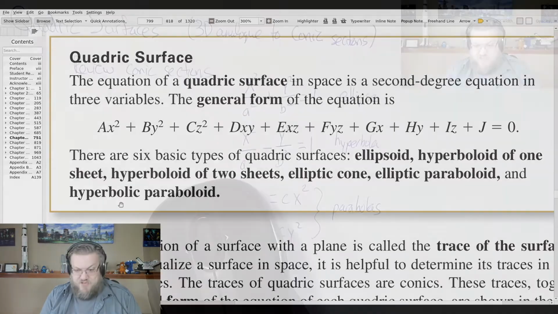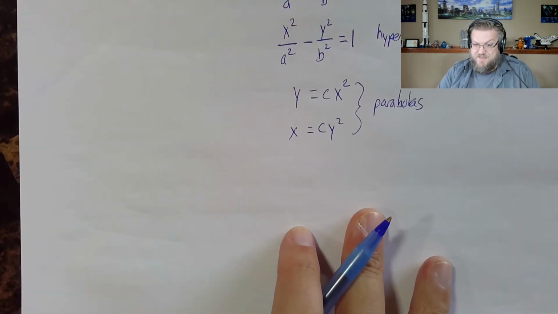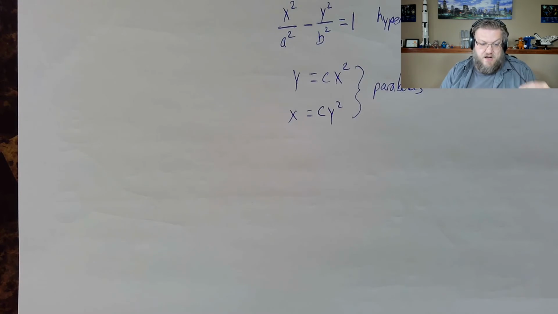So to visualize quadric surfaces, what we end up doing is utilizing what we call the traces of the surface. Now, traces are making one of the 3 variables a constant temporarily.